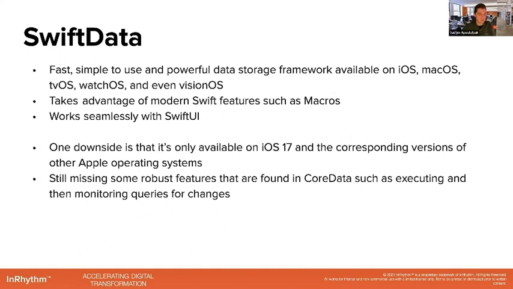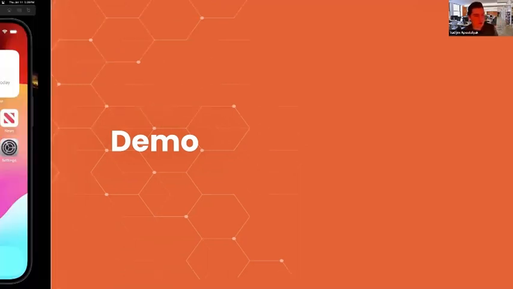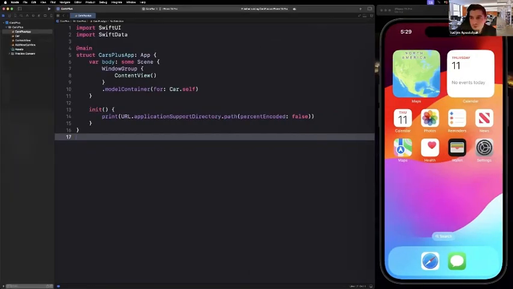SwiftData is essentially a high-level API that is designed to be robust and easy to use, while interacting with a reliable and mature database system that will be quite stable. So let's switch over to a quick demo, and I will showcase some of these features here.